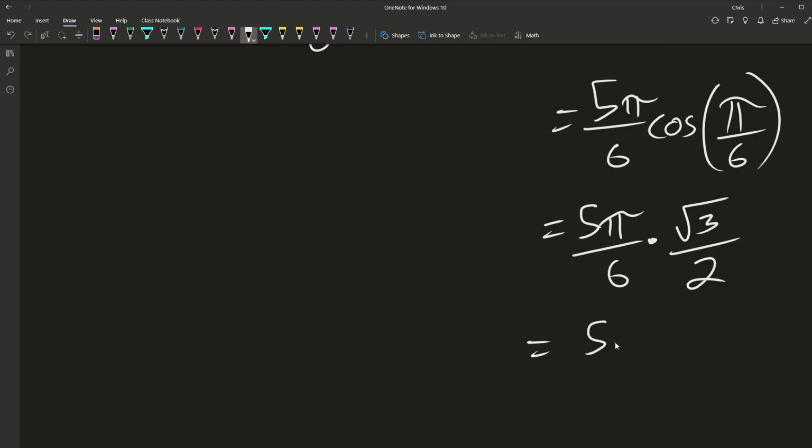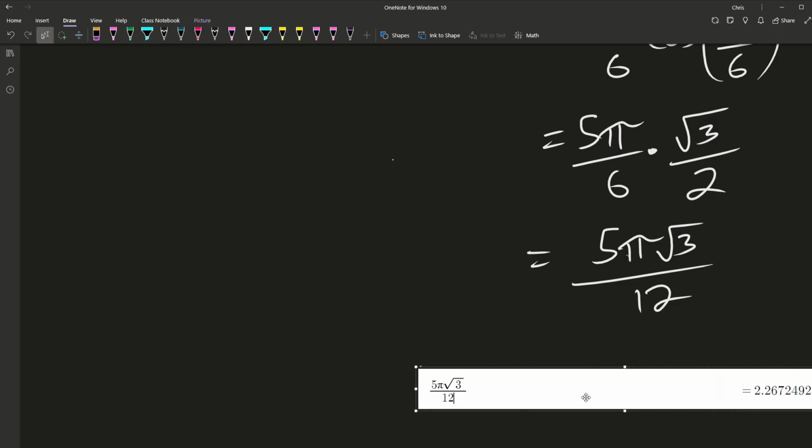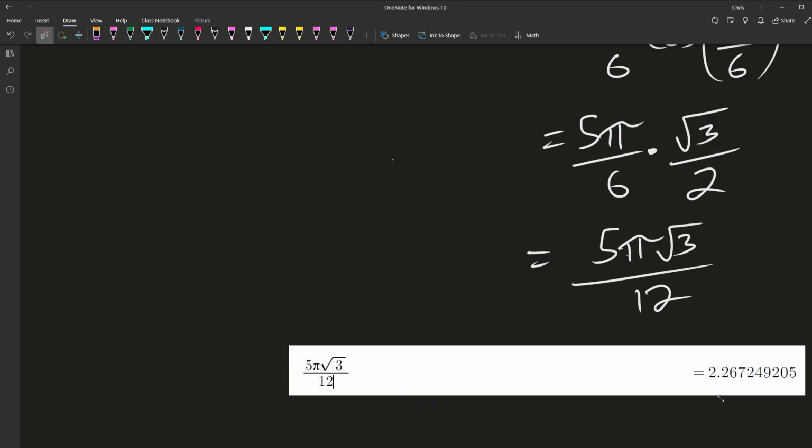This is going to be 5 root 3 times pi. Here, we'll write this as 5 pi root 3 over 12. And then we'll plug this into a calculator. And plugging this into a calculator, we should get about 2.267 feet per hour.